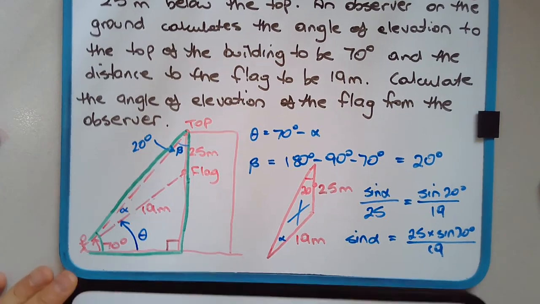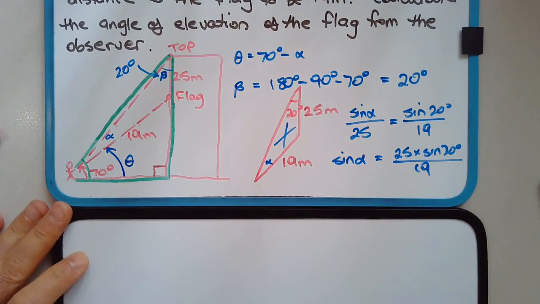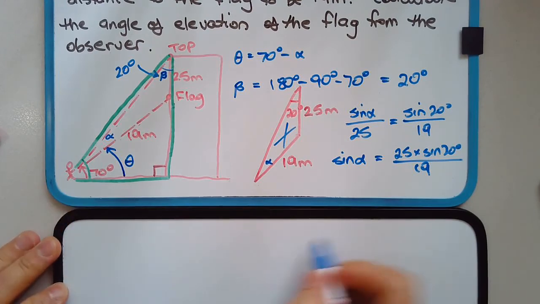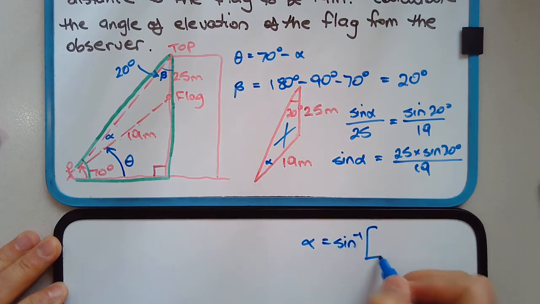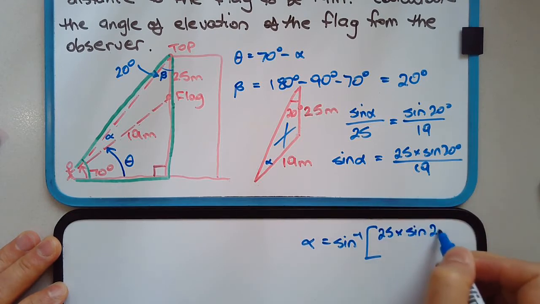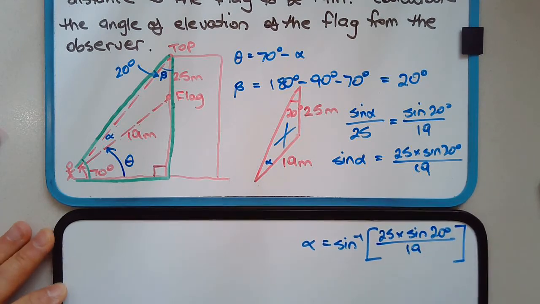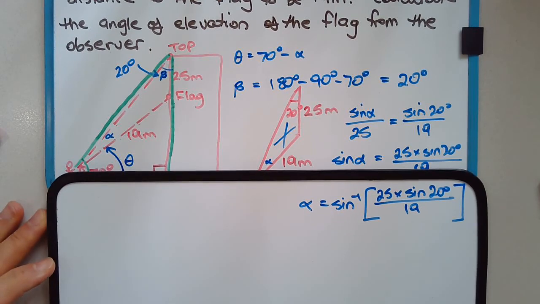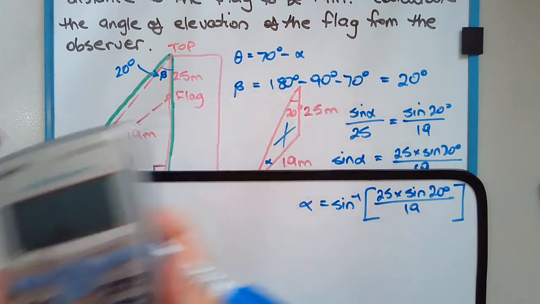I'm just going to use another board here. So alpha is equal to inverse sine of 25 multiplied by sine of 20 degrees over 19, so we just want alpha on its own, making it the subject of the formula. Let's find this alpha.